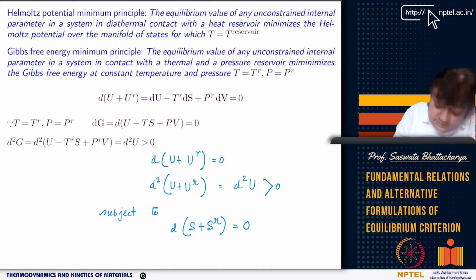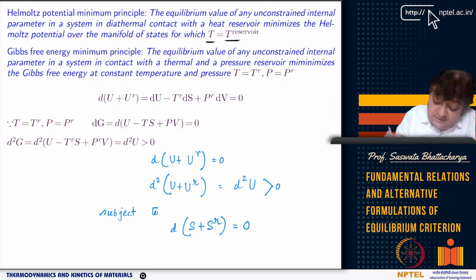So this gives the free energy minimum principle, or Helmholtz potential minimum principle. You can see that the equilibrium value of any unconstrained internal parameter in a system in diathermal contact with a heat reservoir minimizes the Helmholtz potential over the manifold of states for which T of the system equals T of the reservoir.